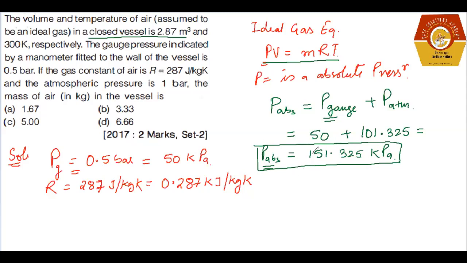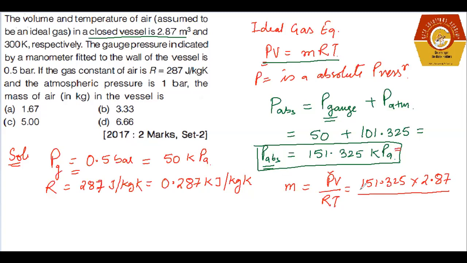In this question you need to calculate the mass, right? So I'm going to rearrange this: mass = PV upon RT, right? The pressure you have already calculated, that is 151.325, into the volume, given as 2.87 meter cube, right? The pascal unit is Newton per meter square.